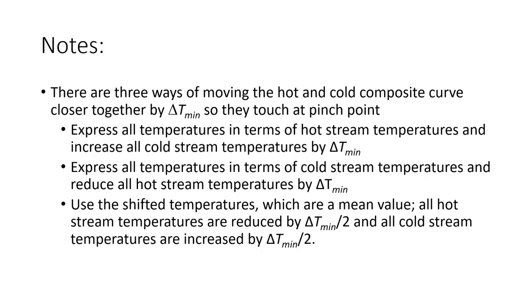In the same way, you can express all temperatures in terms of the cold stream and make your hot stream temperature reduced by delta T minimum, right? And the third is what we discussed here, which is the most prevalent, that you change both hot and cold stream temperatures. Hot stream reduce temperature by delta T minimum by 2 and cold stream increase the temperature by delta T minimum by 2.